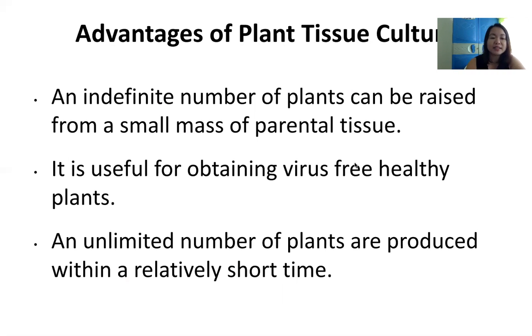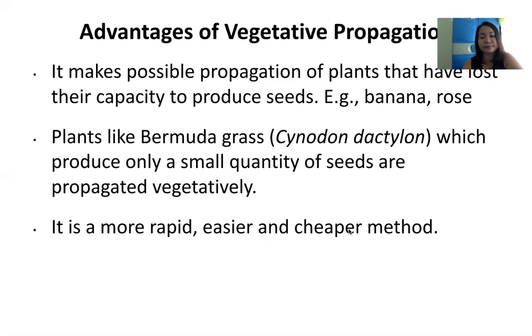It is also useful for obtaining virus-free healthy plants, because you make use of healthy, disease-free planting materials in aseptic conditions. So most probably you're going to produce virus-free healthy plants. An unlimited number of plants are produced within a relatively short time. As I've said, you can produce thousands from a sucker in just about 6 to 8 months.